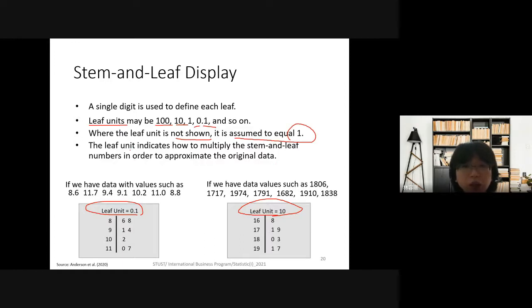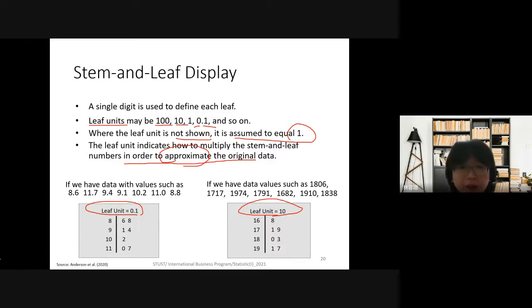The leaf unit indicates how to multiply the stem and leaf number in order to approximately express the original data.